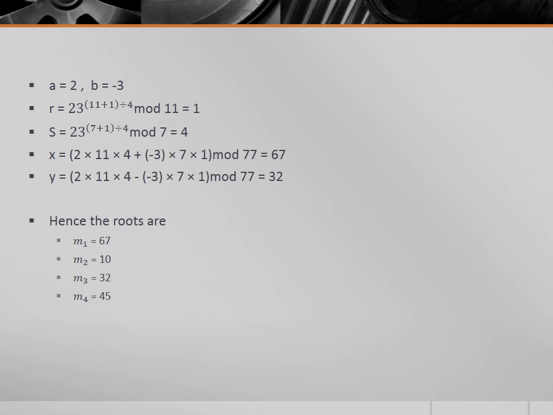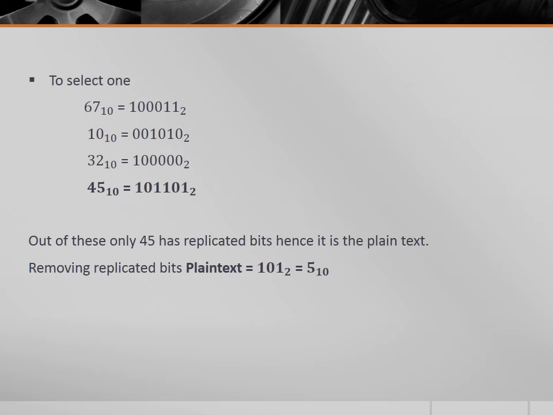We have to avoid negatives, so we add 77. Out of the 4, to select one, we convert all into binary and find that 45's binary has replicating bits. 101 is being repeated. Hence, the correct plain text is 45. We remove the replicating bits and get 5.